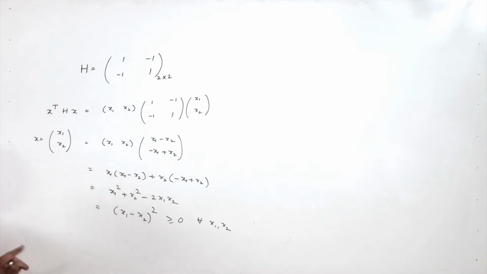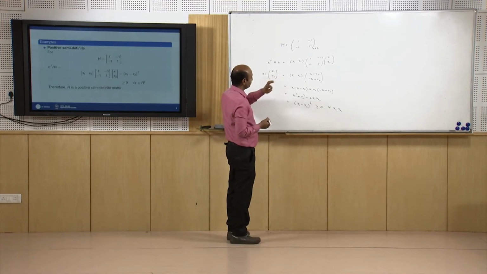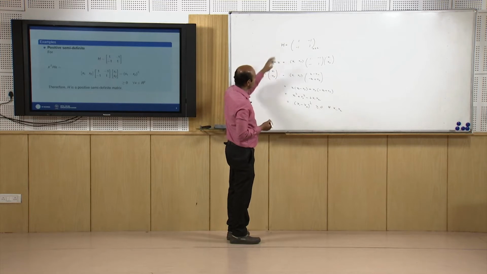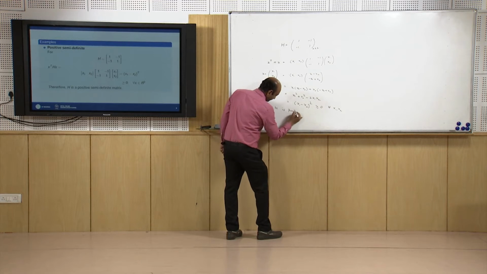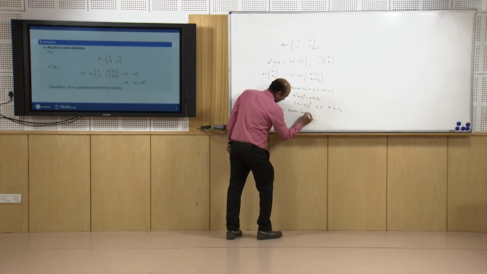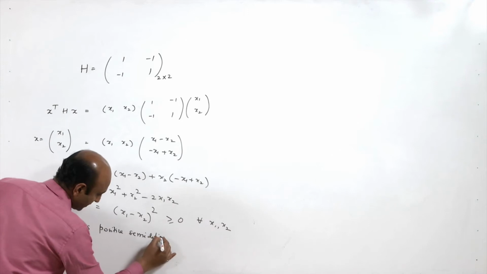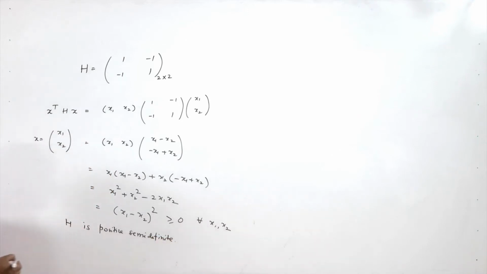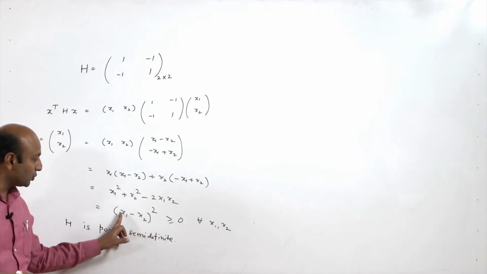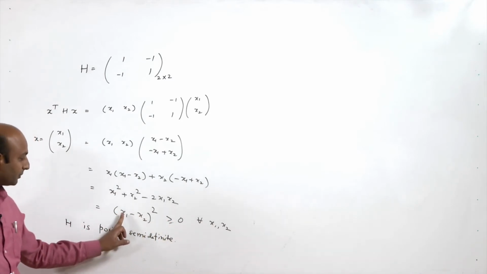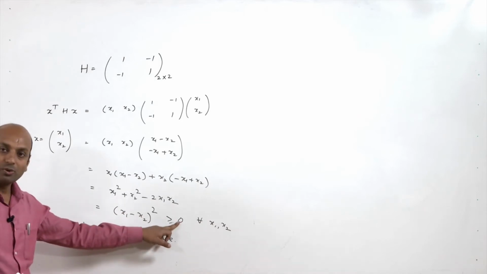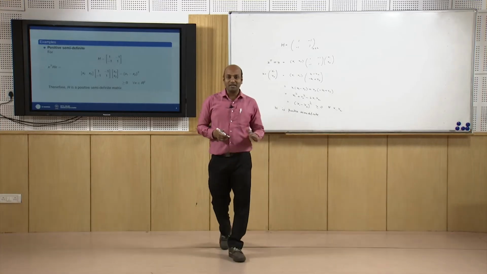So, we say that this matrix H is positive semi-definite. It is not positive definite, since there exist non-zero x where it is equal to 0, like (1, 1).